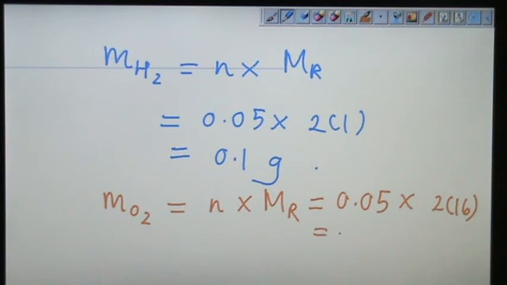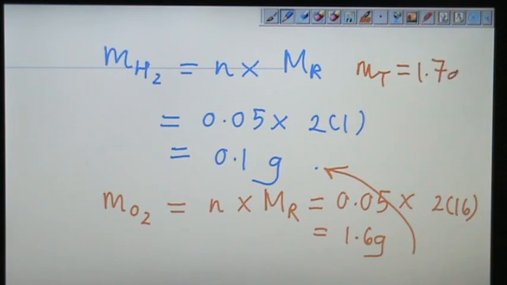So you should be able to get 32 times 0.05. You get 1.6 gram. So 1.6 gram along with 0.1 gram. So your total mass would be 1.7 gram.